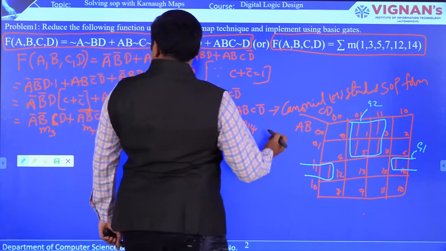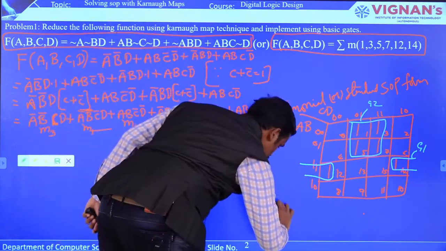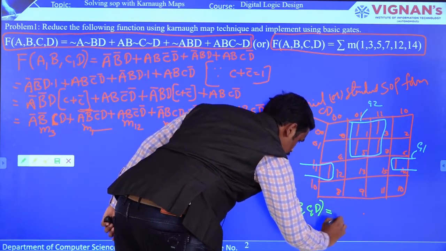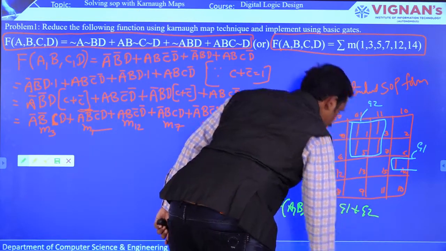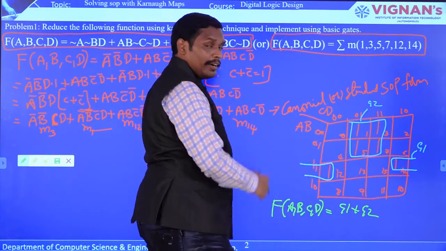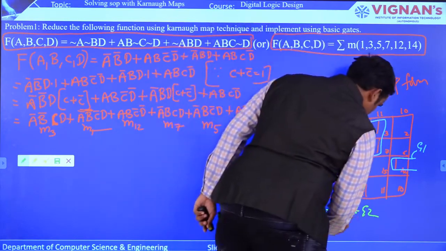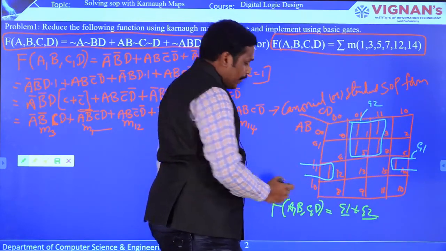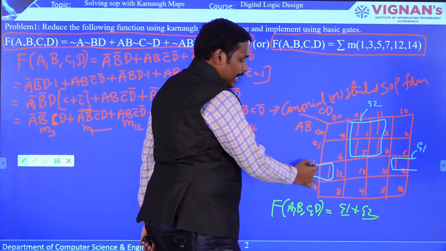So we say the 4 variables, and now this particular group 1, G1 plus G2. How do we get G1? You can see the row and column, wherever there are common variables for the pair of ones, we can construct the term based on that. You can see this particular pair of ones has the same row, that is A and B are same, and also A and B are 1.